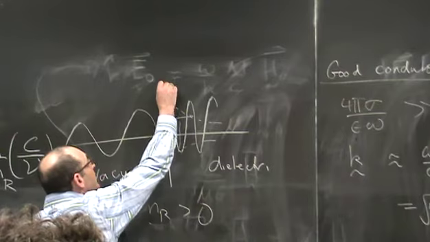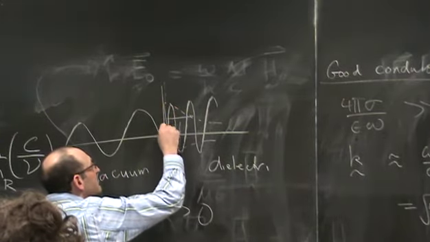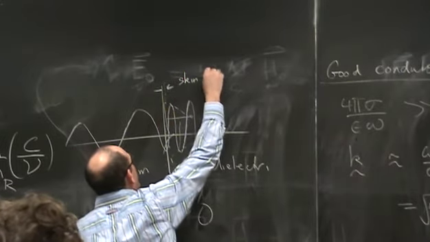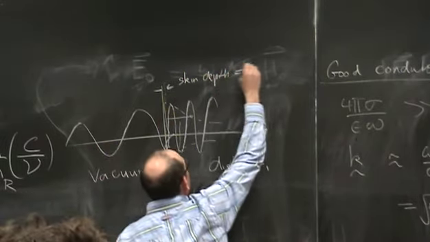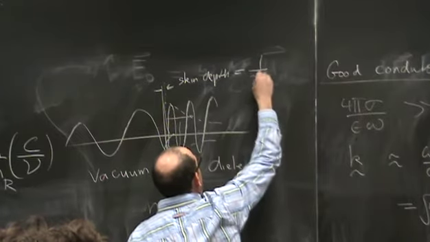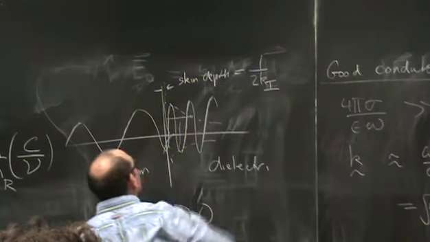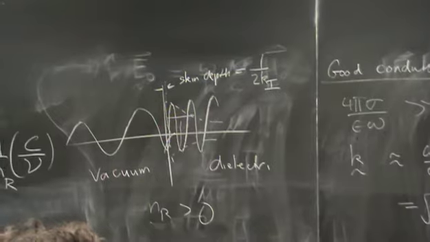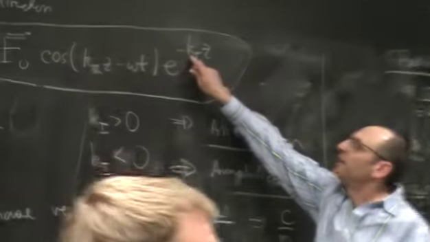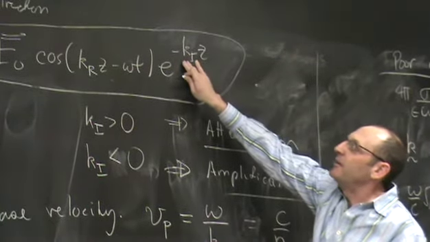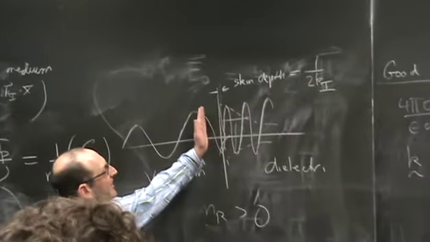And the depth that it goes into, a little skin-deep penetration, is known as the skin depth, which is equal to 1 over the decay rate. Actually, it's in terms of the energy, so it's given by this. As k sub I, the imaginary part of the wave number, gets bigger and bigger, the rate of exponential decay gets bigger and bigger, which is to say the depth into which it propagates goes to zero.